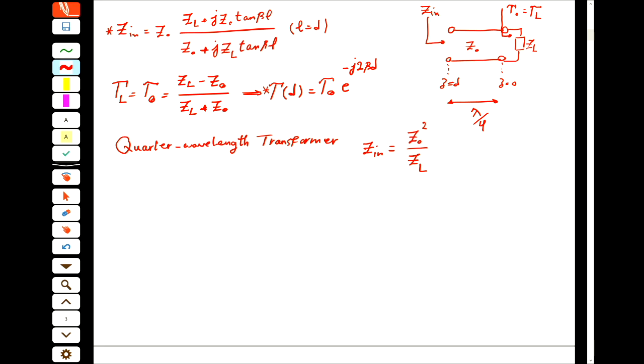And then we derived equations for the matching conditions of a transmission line terminated by a load and connected to a source which has another impedance of ZS. Okay?